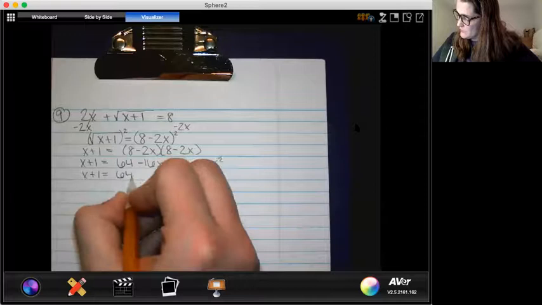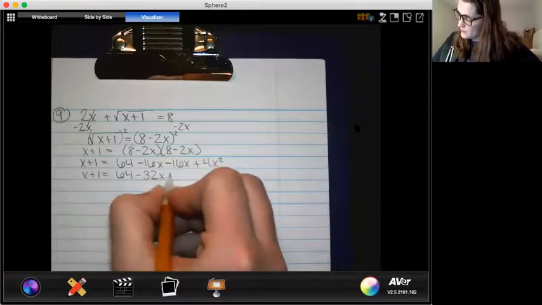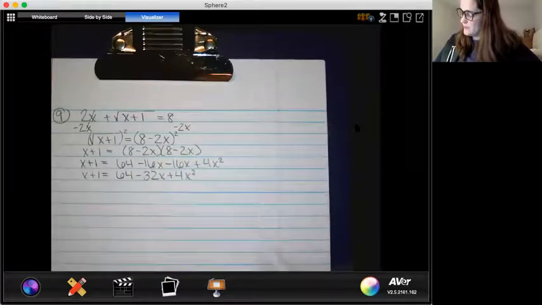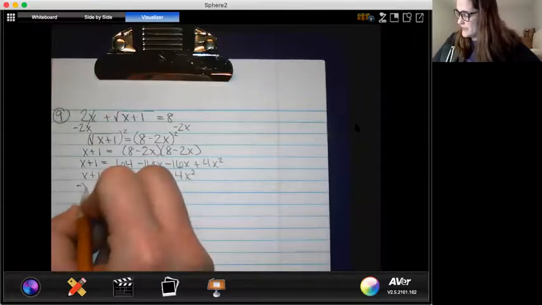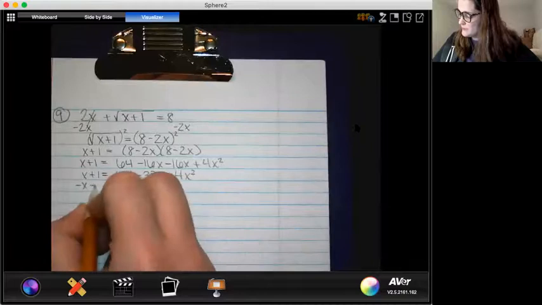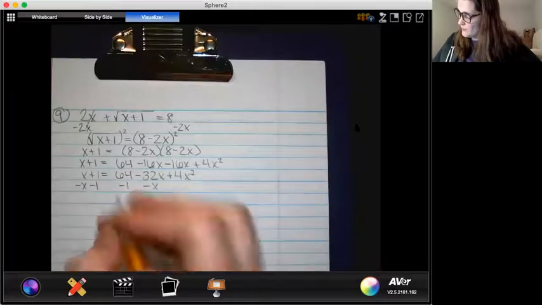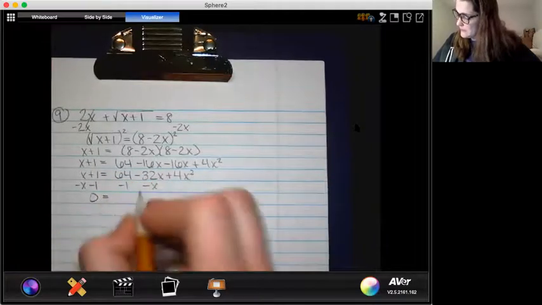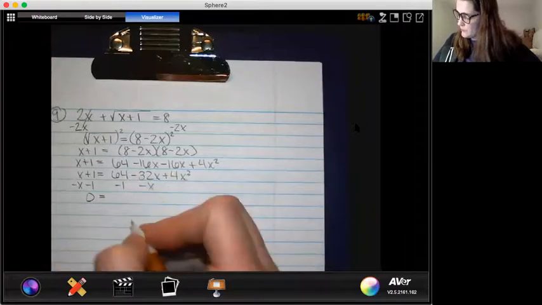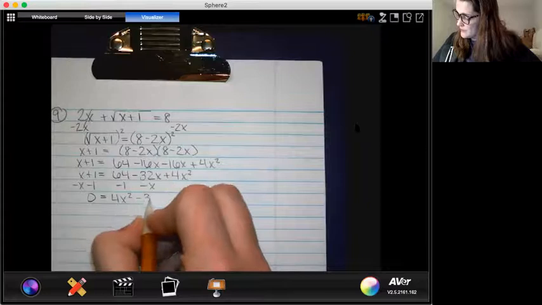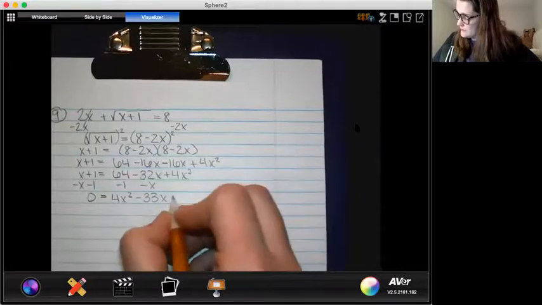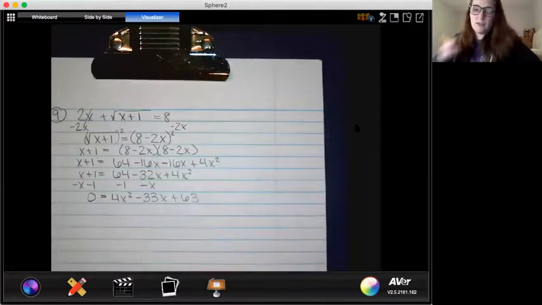Get 64 minus 32x plus 4x squared. Okay, now we need to get it equal to 0. So I'm going to subtract x, subtract 1. So 0 equals, and I'm going to put it in the right order when I do this, 4x squared minus 33x plus 63. Okay, so I just put it in proper standard form.